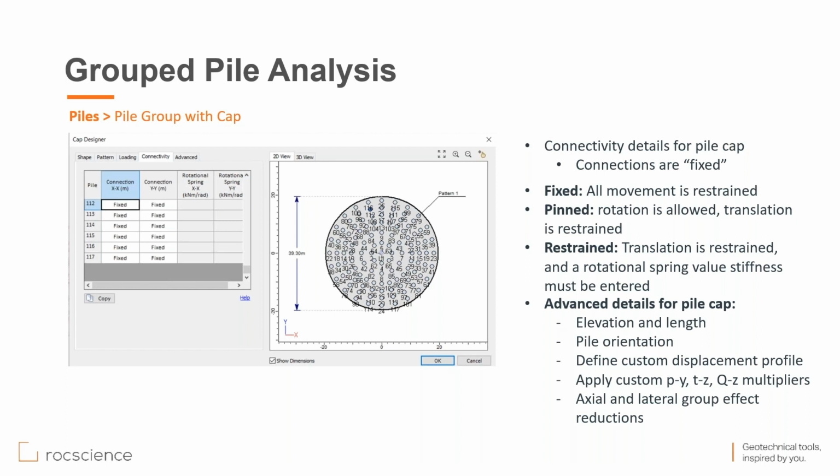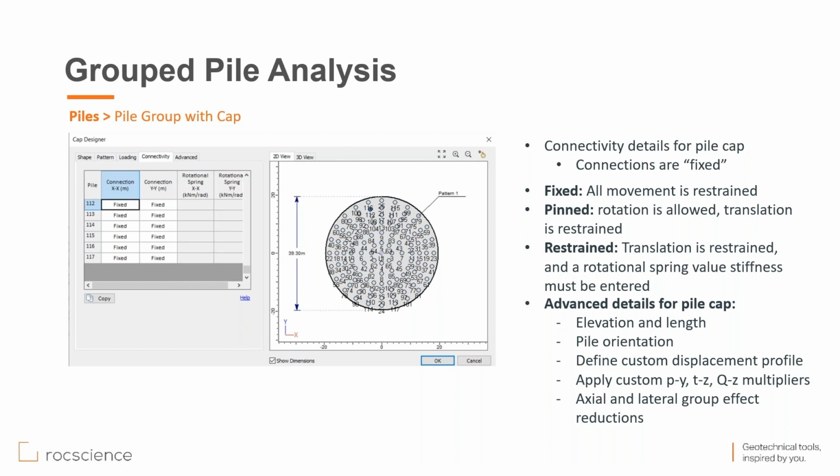In a restrained connection, the third option is available. Translation is still restrained. However, a rotational spring stiffness value must be entered, meaning that the rotation is not free. It generates some reaction based on the rotational spring value that you enter.